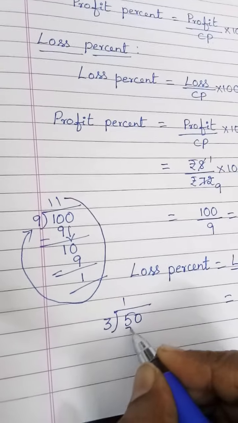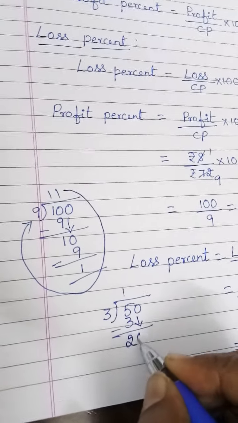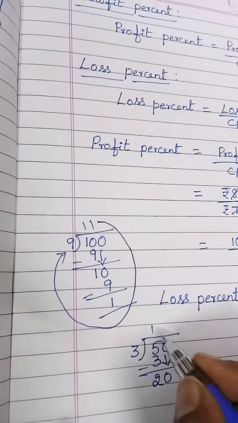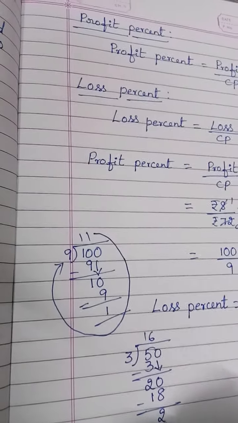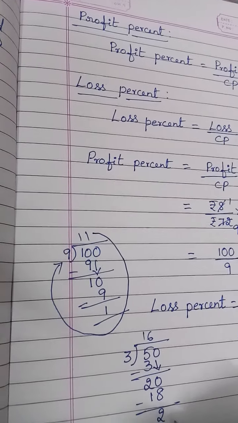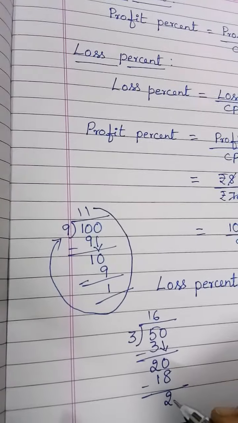3 ones are 3, minus, that is 2. Take the next number 20. Then 3 6s are 18, remainder 2. So here you can stop it. Again, if you put a decimal point you will get the same number 20 and it will be repeated.